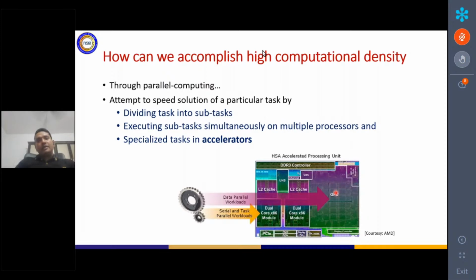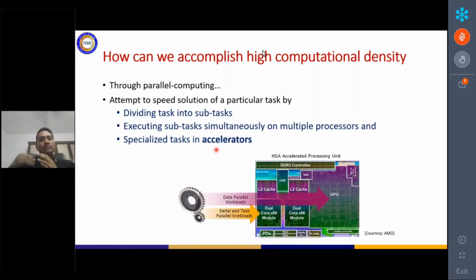But in this slide, you can see that one GPU is there to handle these data parallel workloads, right? And one such accelerator or specialized system that you have seen in the last slide is the Cerebras wafer scale engine, right?